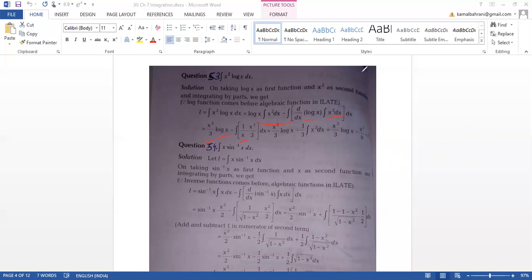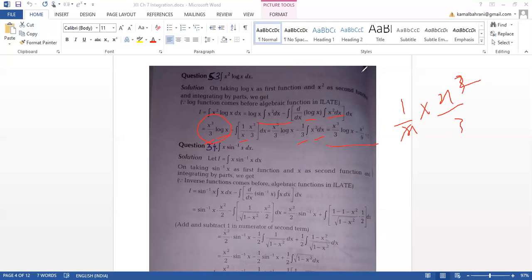Now when we are having 1 upon x into x cubed by 3, this x will get cancelled and we will have x square here. So we'll get x square by 3. Now first function we have already integrated, x cubed by 3 log x minus 1 upon 3 integration of x square, you all know, x cubed by 3.